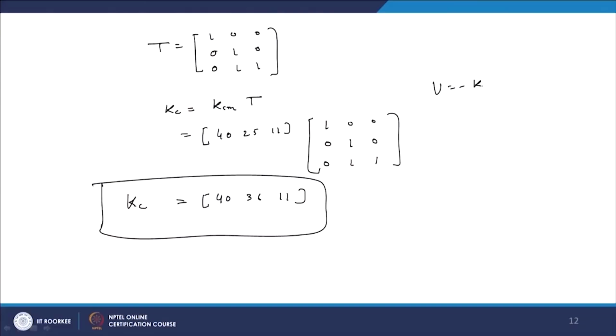In the classical approach, it is concerned with the input and output, but here it concerns all states. So, 40 36 11 is nothing but the controlling of all states. The control input goes through this Kc, that is u equals minus Kc x, that means the control input is supplied through Kc into the original state x, so we are controlling the states of the system.